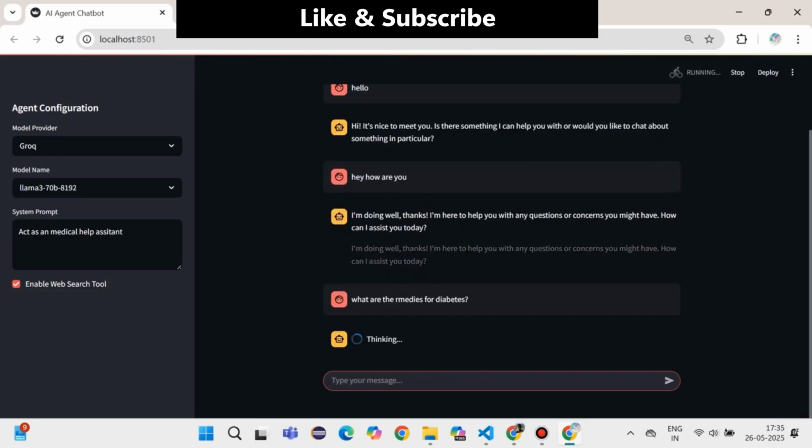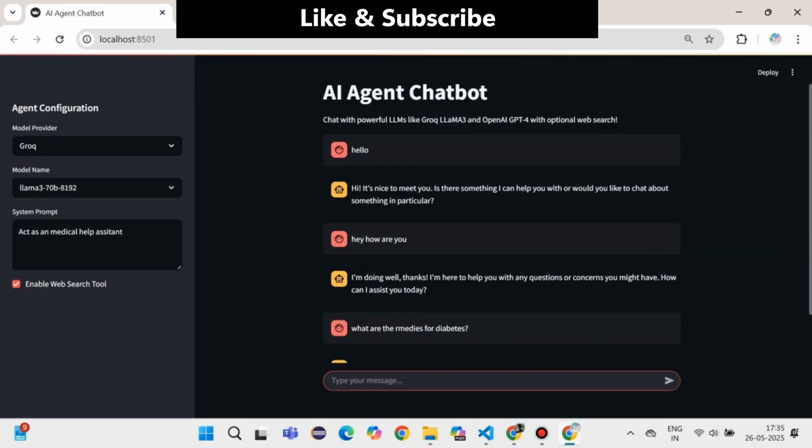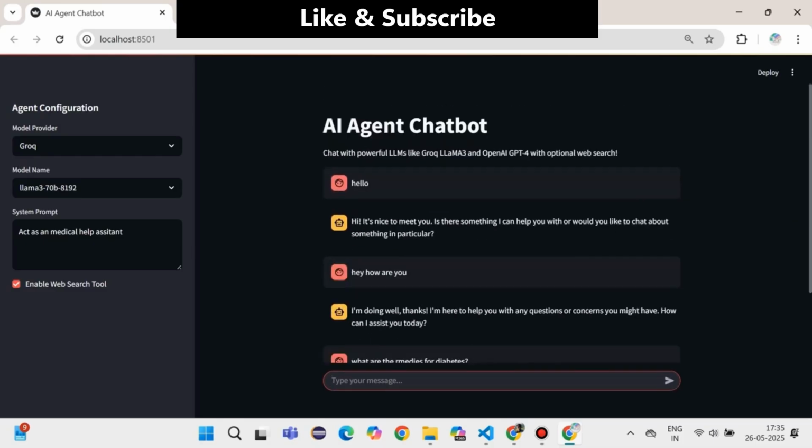The spelling is wrong. You could see the effective home remedies to manage blood sugar levels include fenugreek seeds, apple cider vinegar, barley, chromium, and so on. So it will give you a response as per your system prompt and how you want to manage your AI agent.